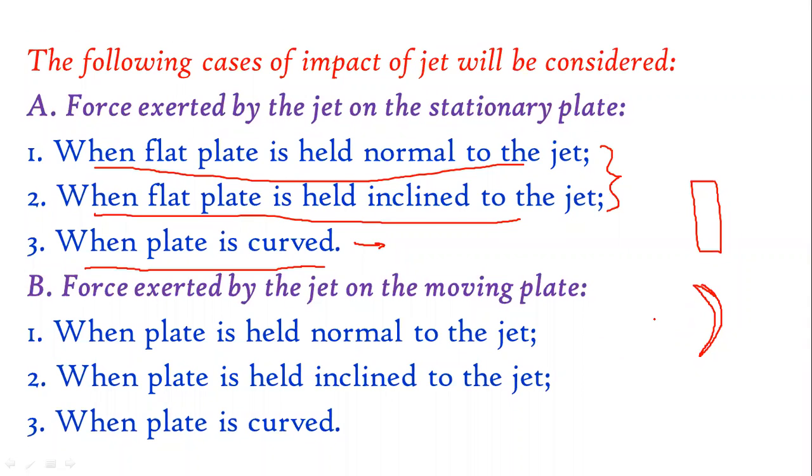First, when the jet strikes the plate at the center, then when the jet strikes the plate at one end and the curved plate is symmetrical, and second when the curved plate is asymmetrical. These three types we will be studying tomorrow.